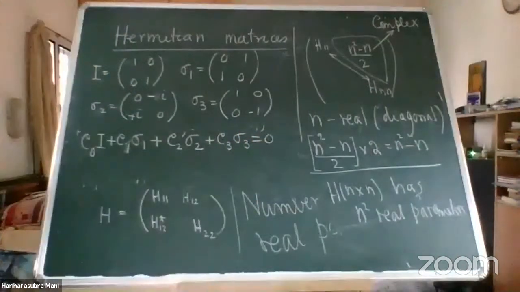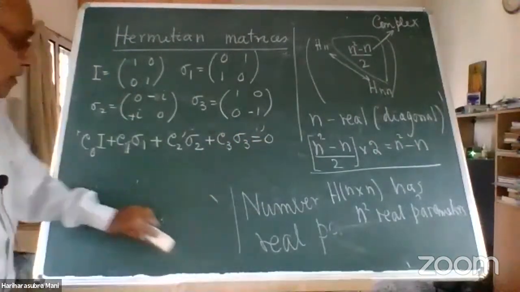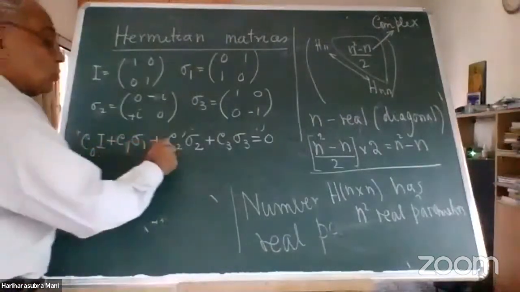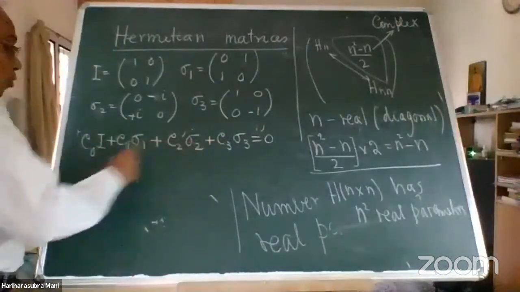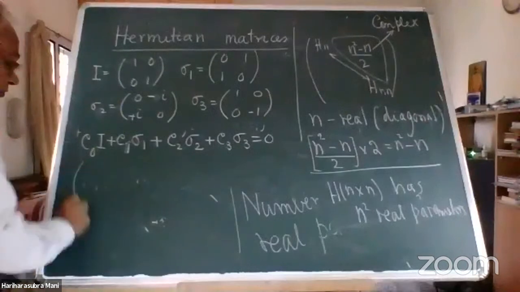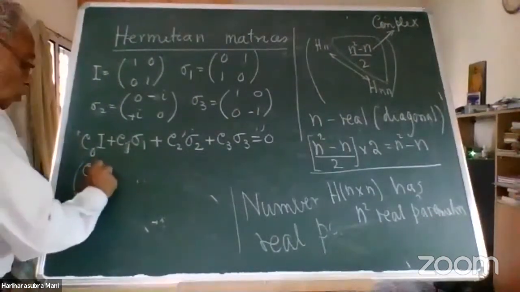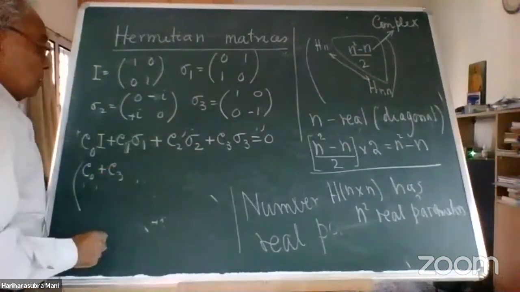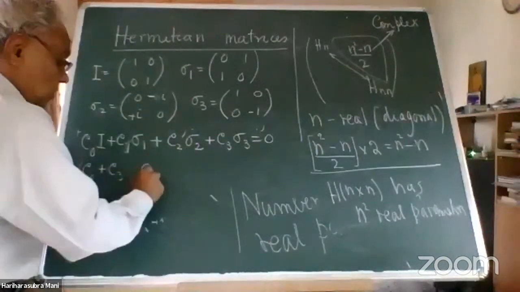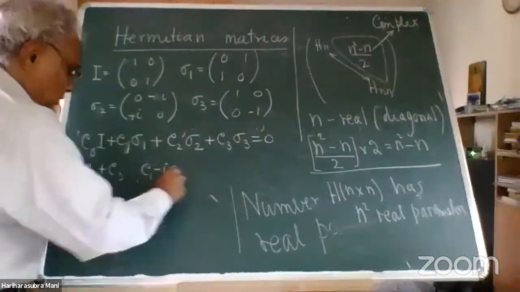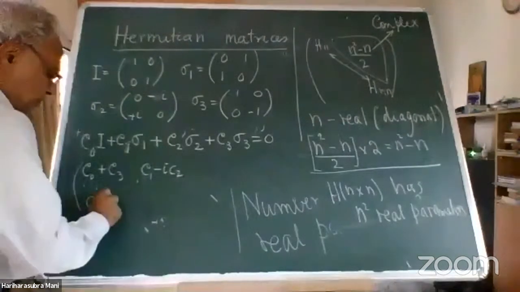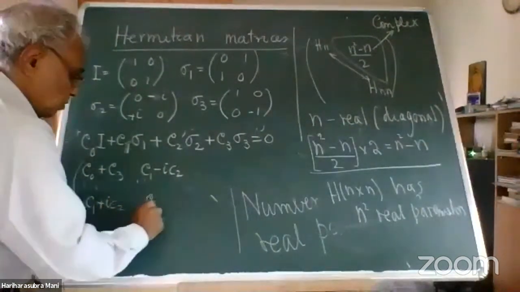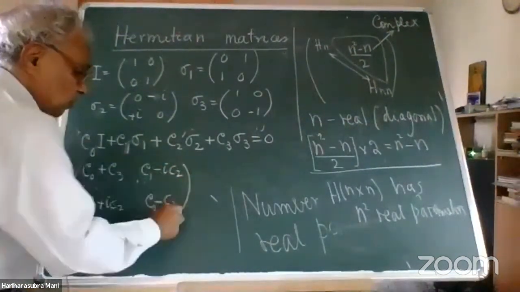Let us check. Given this equation, do I get C0, C1, C2, C3, all of them to be 0? Let's substitute this. I get C0 plus C3, and then I get C1 minus IC2, C1 plus IC2, C0 minus C3.